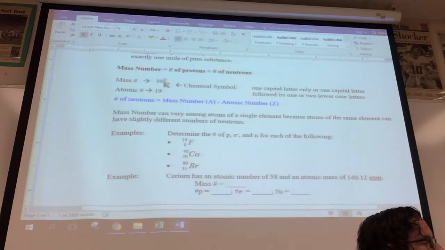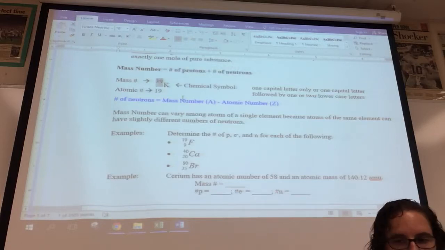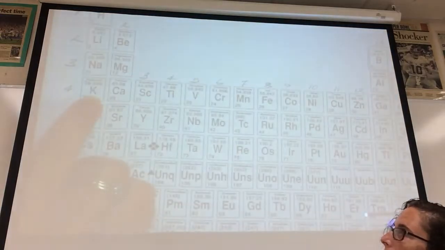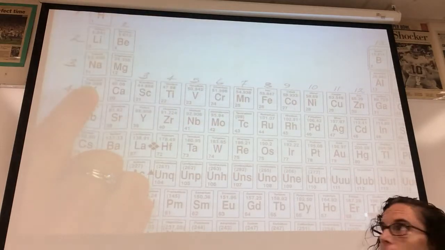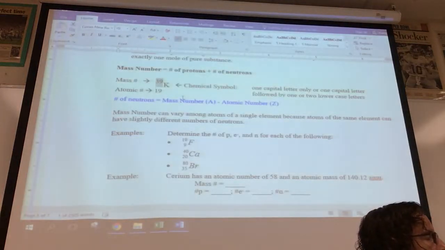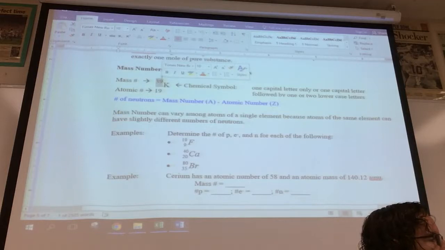Shown here is the chemical symbol for potassium. This is the mass number if we considered potassium. Here's the atomic number, 39.098, mass number of 39, and the nomenclature you'll often see is this as a superscript on the left side here of the element.